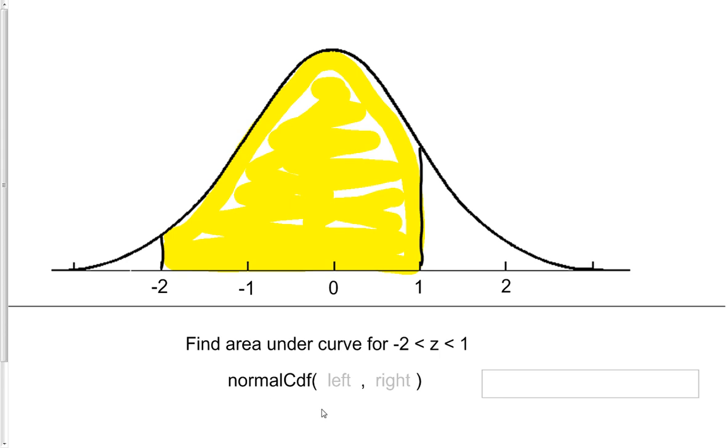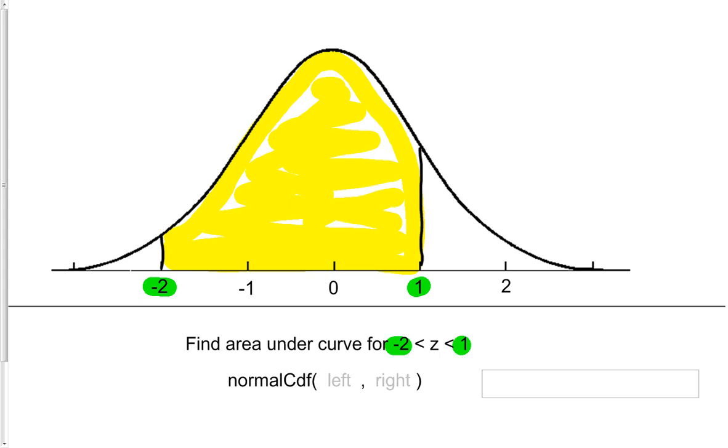In this function, we type the z-score on the left side and the z-score on the right side to solve the problem. In this case, the z-score on the left side is -2, and the z-score on the right side is 1. We get that just by looking at our original problem without even looking at the picture.